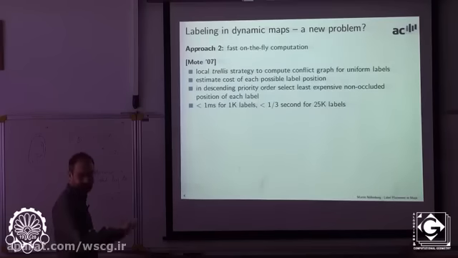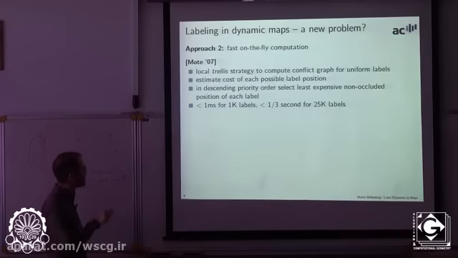So it's a greedy strategy using priorities and these cost values. And this can be implemented pretty fast. So in less than a millisecond, for like 1,000 labels in the map, you can do that. And this was 2007, so with today's hardware, it's even better.